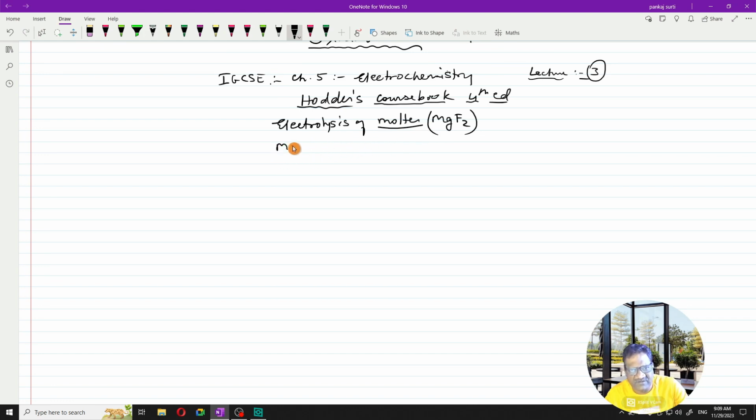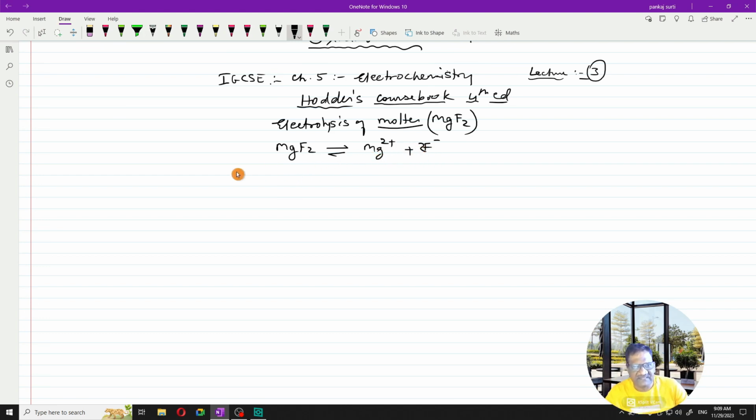Let us first write down that MgF2 will be decomposed to Mg2+ ions plus 2F- ions, that is fluoride ions. The magnesium ions carry positive charge, so they are known as cations, and the fluoride ions carry negative charge, so they are known as anions. This is the first step, the decomposition of the electrolyte into the respective cation and anion.